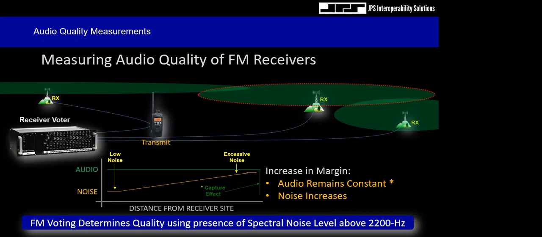The way I help describe the capture effect is maybe I'm driving my car up a mountain pass, listening to an FM radio station playing music. As I start approaching the pass and maybe even crest it, I'm creating margin with that FM radio station.